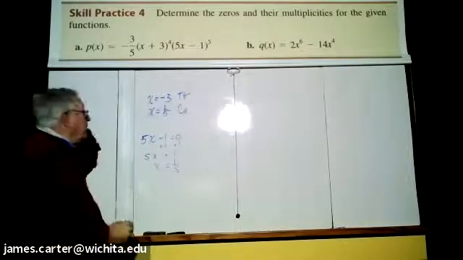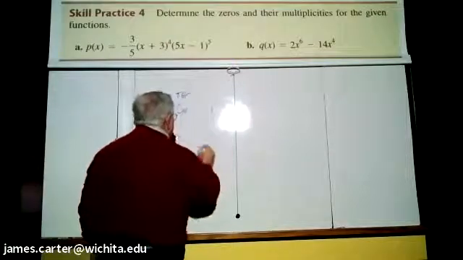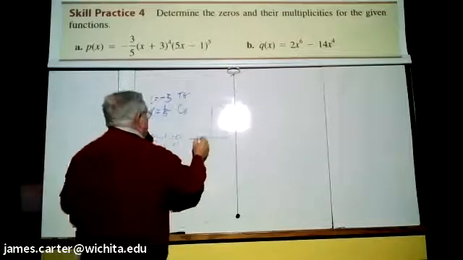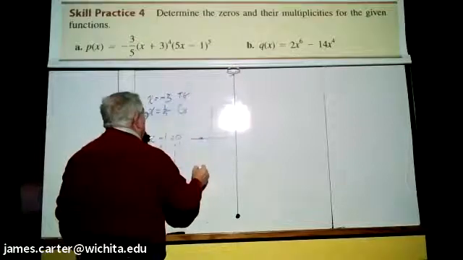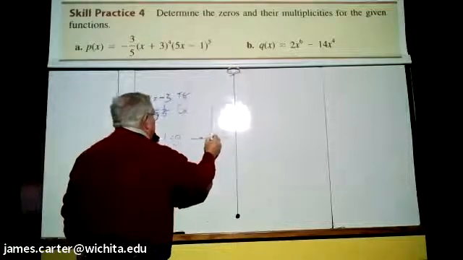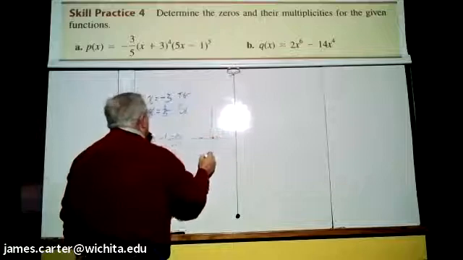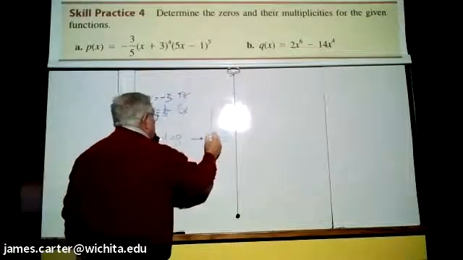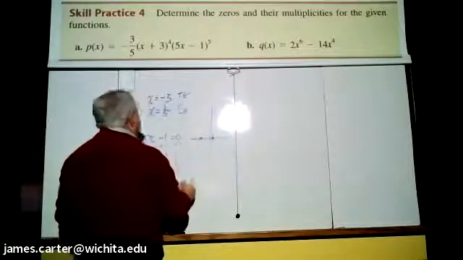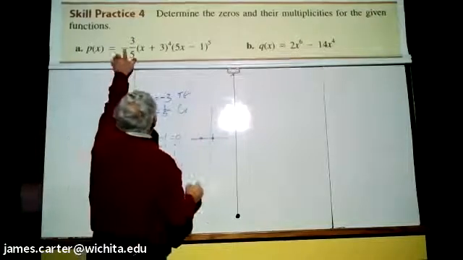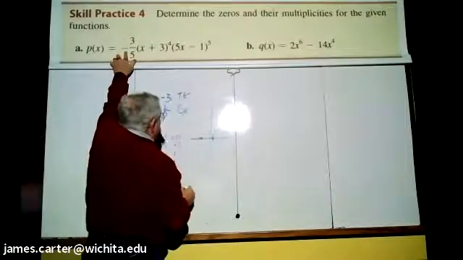Okay? So if we graph that thing, we've got the point -3. We've got the point 1/5. We know that this one is crossing, and we know that one's touch and go. Our leading sign is going to be negative.